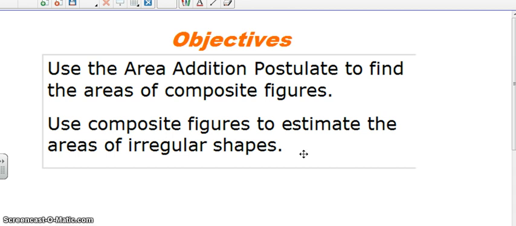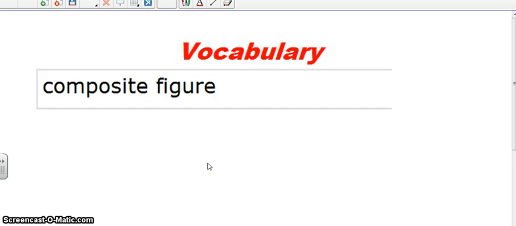Today's objectives are to use the area addition postulate to find the area of composite figures and to use composite figures to estimate the areas of irregular shapes. So we have this term composite figures. What do you think of when you think of composite?